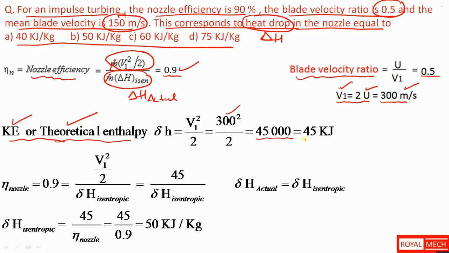So that will be 45 kilojoules. So we will put it in the nozzle efficiency equation. 0.9 equal to V1 square by 2 upon delta H isentropic. So that is 45 upon delta H isentropic. So we get delta H isentropic as 50 kilojoules per kg. So thereby option B is correct option.